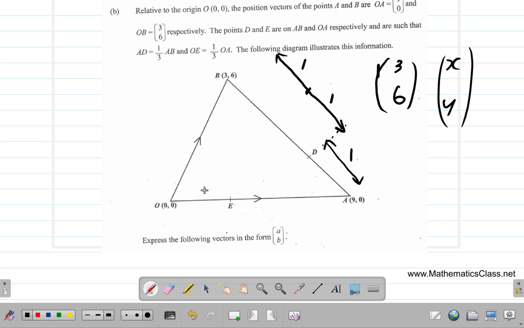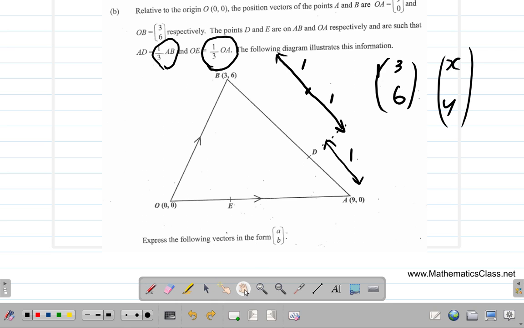So OE is 1/3 OA. AD is 1/3 AB. This is 1, but here this is 2, which you can break up into 1 and 1. We will look back at it later.